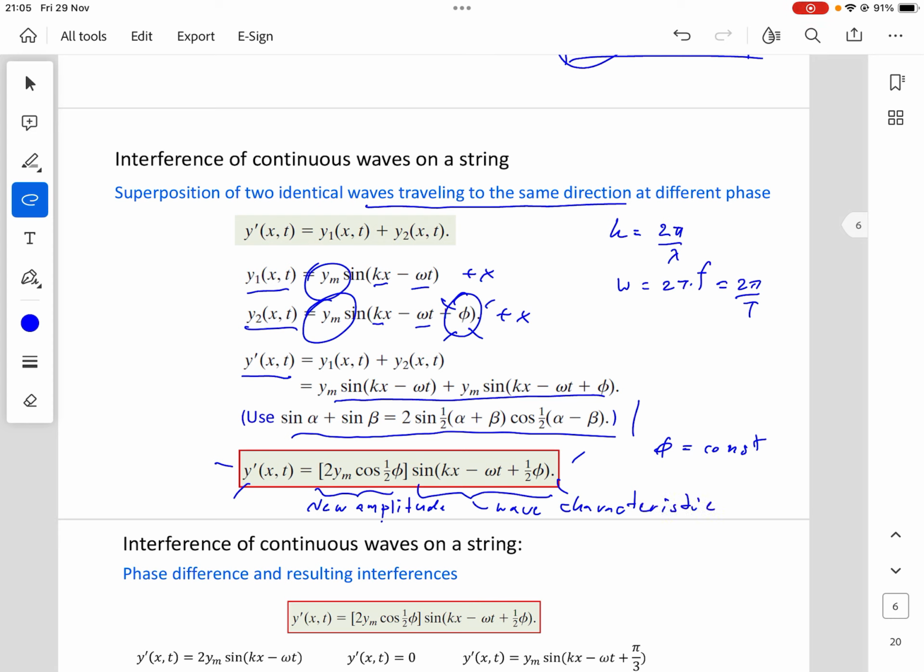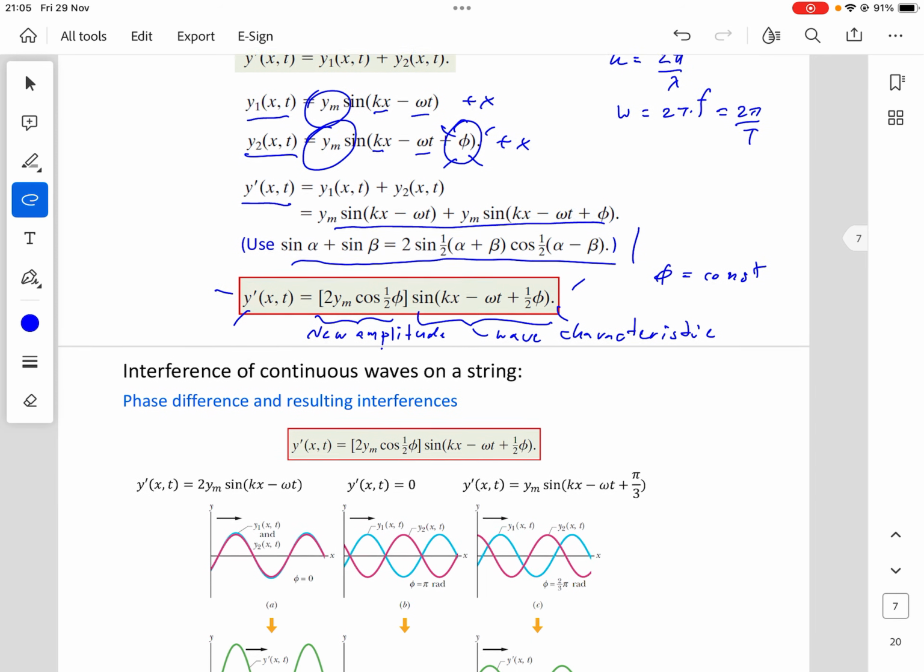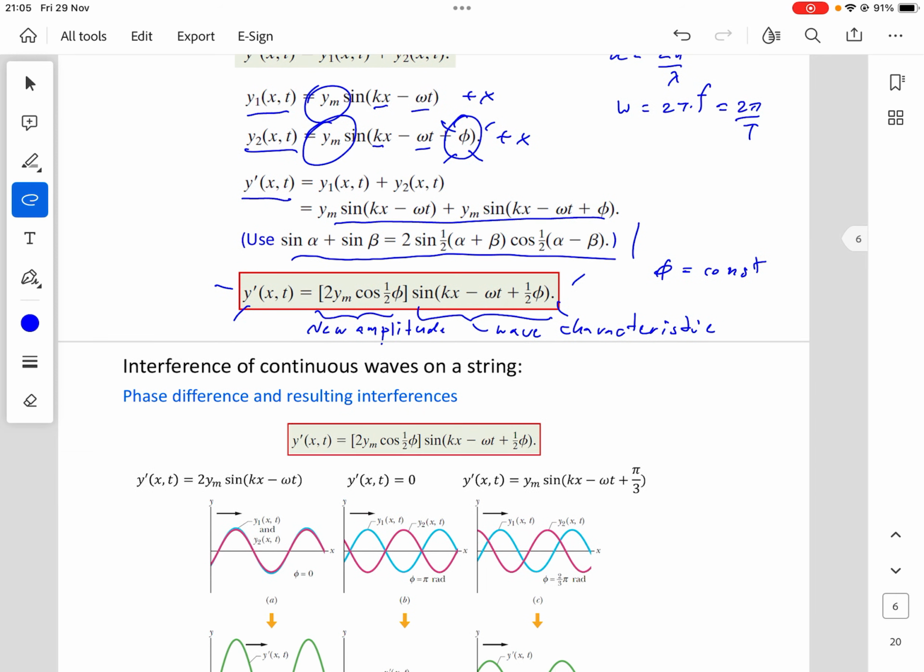Nothing special. So what I would conclude here is that the combination of two waves moving in the same direction is a wave, but with a change in the amplitude and a change in the phase. I mean, the phase will be half of the phase difference of the two.